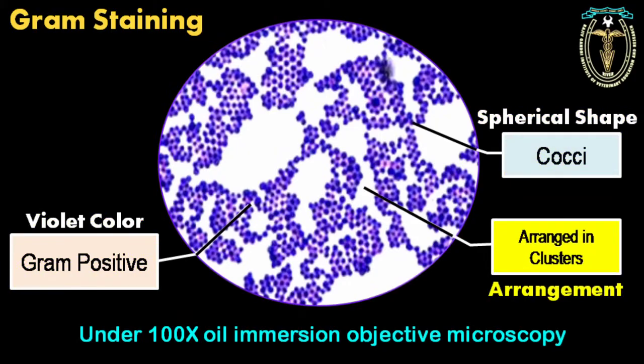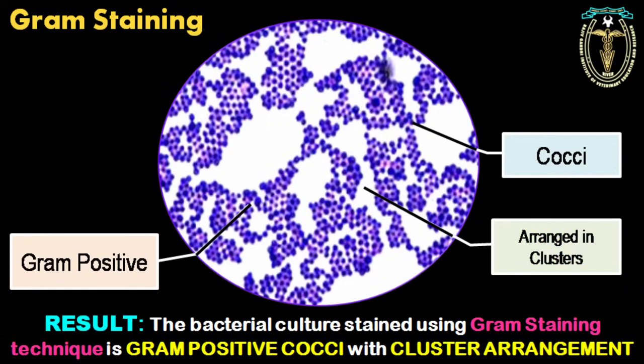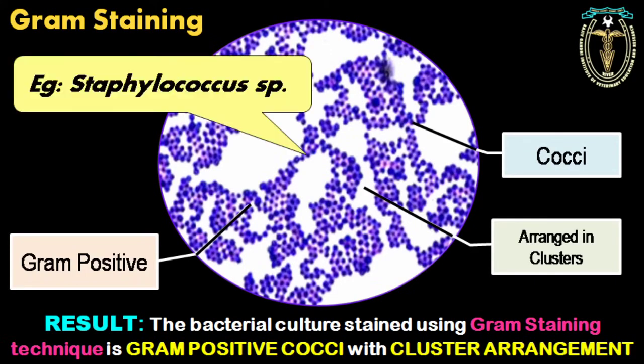Next, the arrangement. They are arranged in clusters here. So, the result is written as: the bacterial culture stained using the gram staining technique is gram-positive cocci with cluster arrangement. The example of bacteria is the Staphylococcus species, which possesses this type of microscopic character.